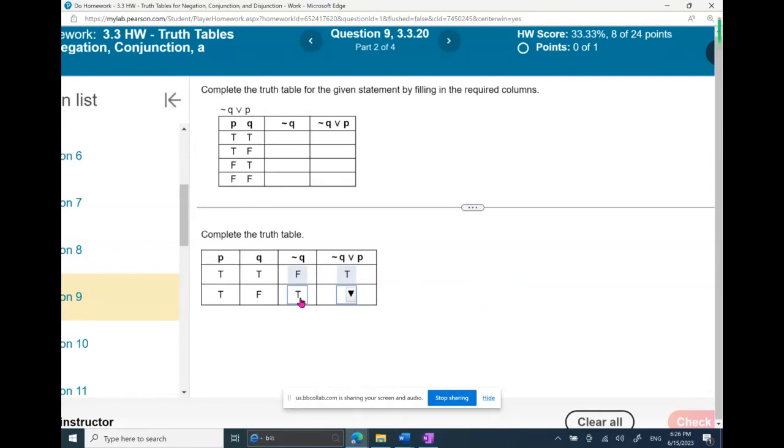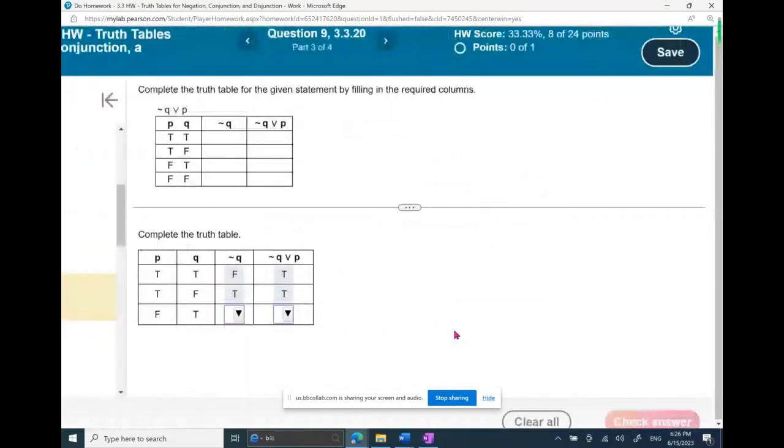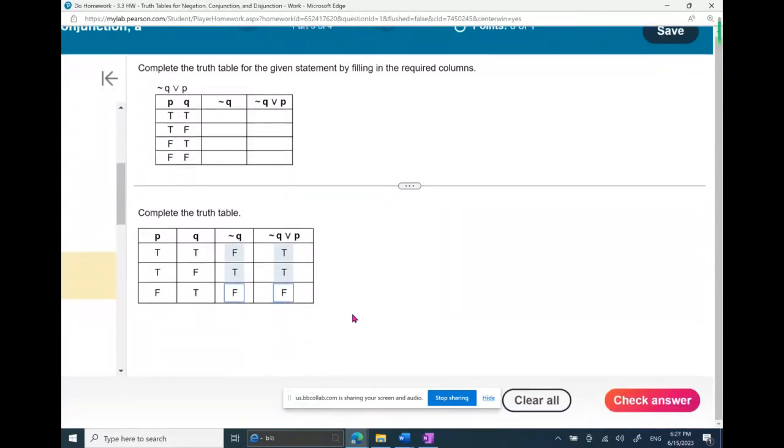So the first component is true, the second component is also true, so this disjunction definitely is true. Case number 3, when Q is T, now not Q is F. Look at the disjunction: it has two component statements. The first component, not Q, is F. The second component, P, is also F.